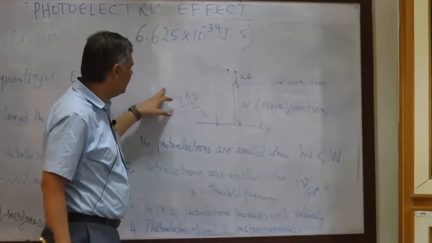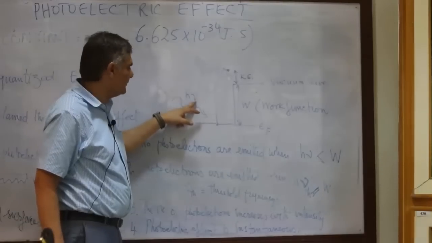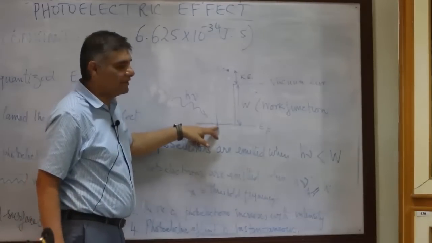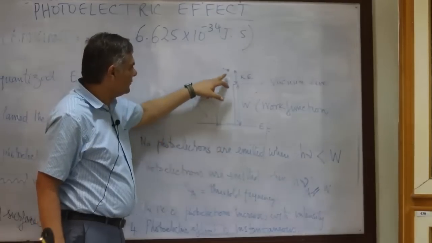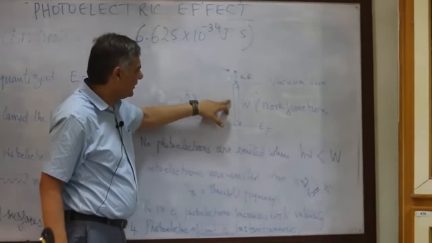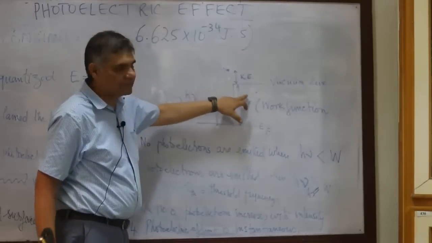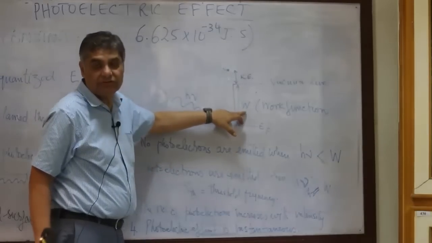So a photon of energy hν with frequency ν strikes the metal surface. It can excite an electron from the top of the Fermi level to the vacuum. So it can go up and cross this barrier, provided this energy is greater than or equal to this work function.